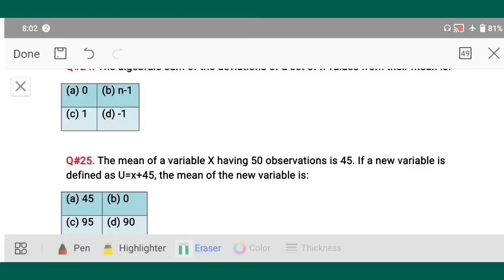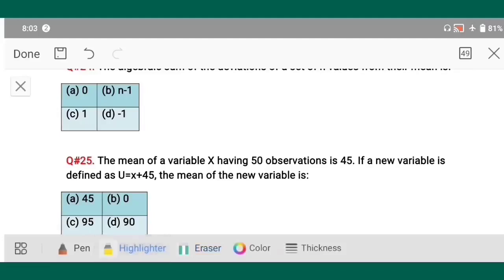Question number 25. The mean of a variable x having 50 observations is 45. If a new variable is defined as u is equal to x plus 45, the mean of the new variable is, the options are 45, 0, 95 and 90.